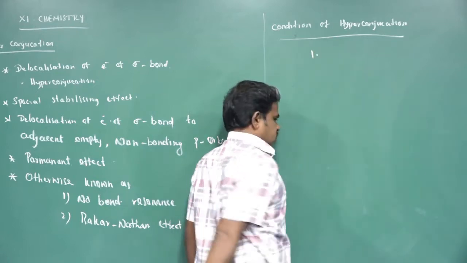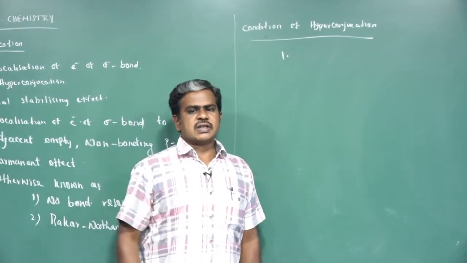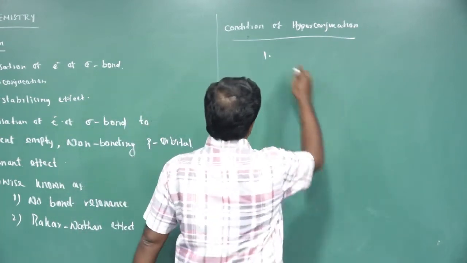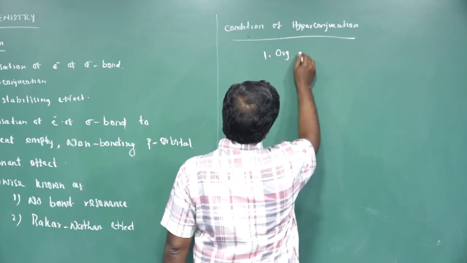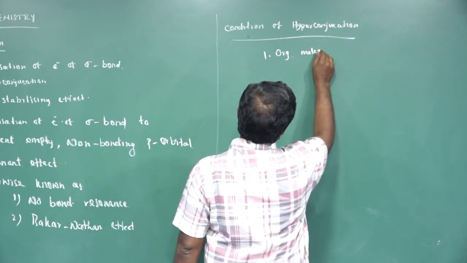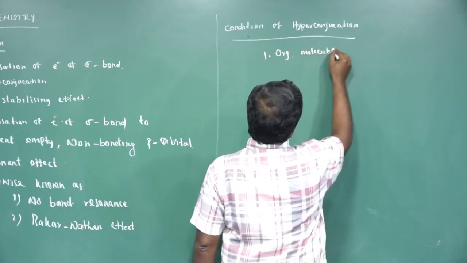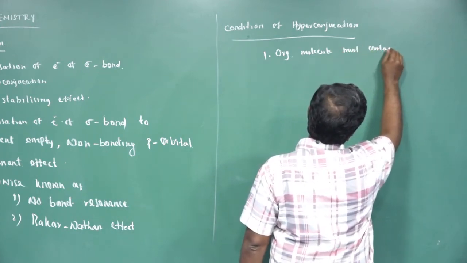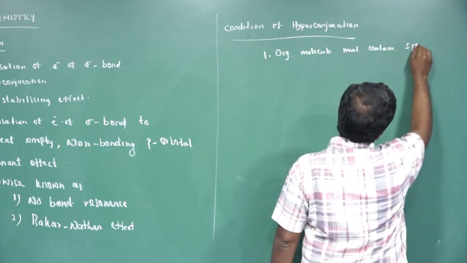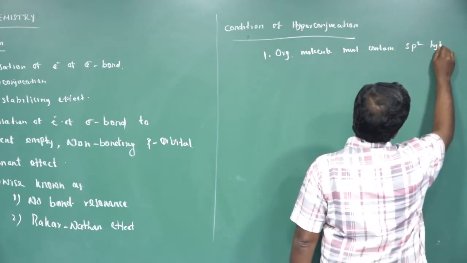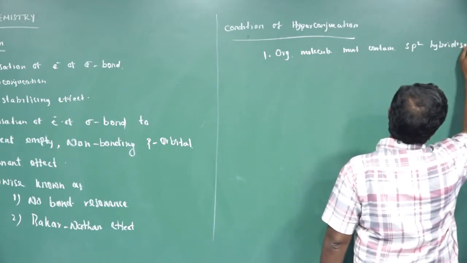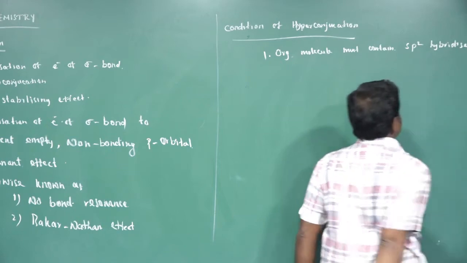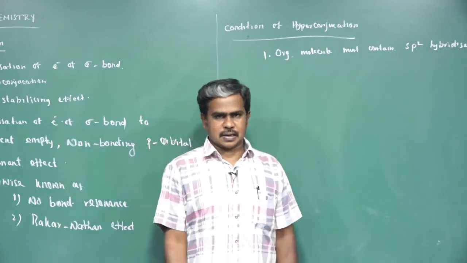The first condition: the organic molecule must contain an sp2 hybridized carbon atom. Only then does hyperconjugation occur.